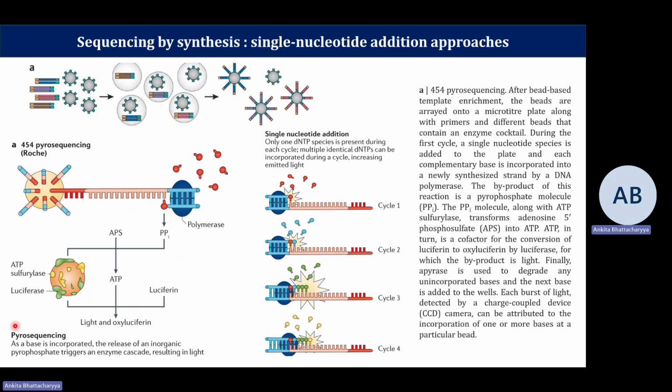As a single base keeps on getting incorporated, the release of the pyrophosphate, hence giving rise to the name pyrosequencing, is actually detected in an enzyme cascade where it is read as a light readout. Every single time a nucleotide is added, you will get this different colored readout, and you will be able to figure out what is the next base present at that position.